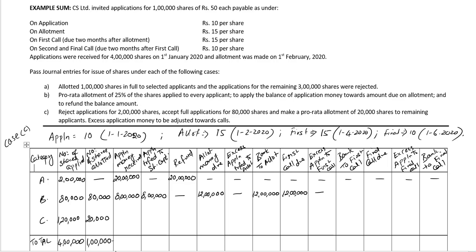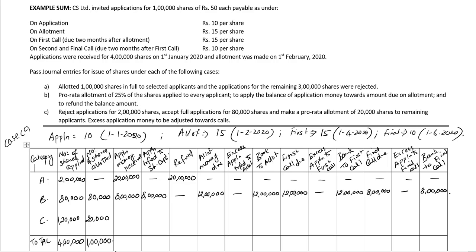No excess application transferred to first call, and bank to first call is also 12 lakh rupees. The final call money due is 80,000 shares multiplied by 10 rupees per share, which is 8 lakh rupees. There is no excess application transferred to the final call, and bank to final call is also 8 lakh rupees.